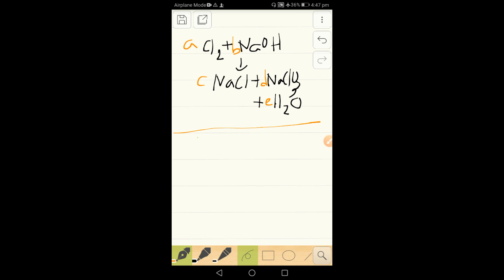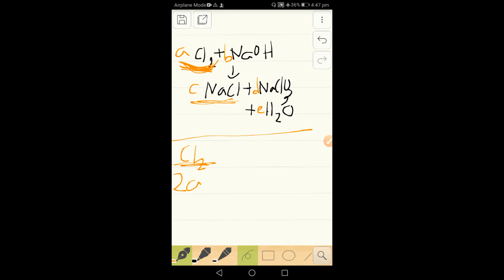Now if we consider chlorine, here it is 2A in the reactant side, 2 into A. Look at the chlorine in the product side.